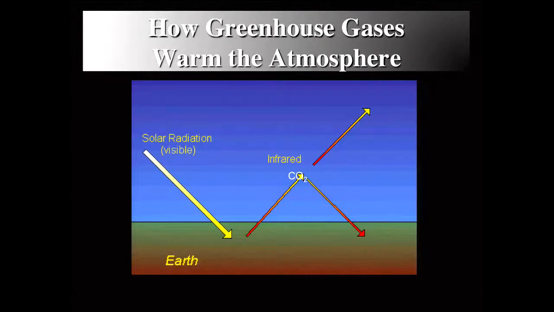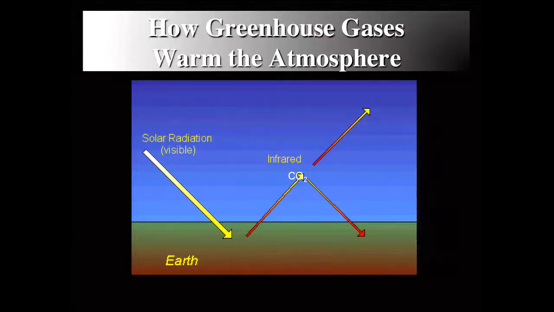Except for the fact that there are molecules in the Earth's atmosphere, notably carbon dioxide and others, that absorb infrared light. And one of those molecules is carbon dioxide. When that carbon dioxide molecule absorbs an infrared photon coming from the warmed up surface of the Earth, that carbon dioxide molecule gets excited, maybe it vibrates, maybe it rotates, I'll talk about that in a minute, and it re-emits light.